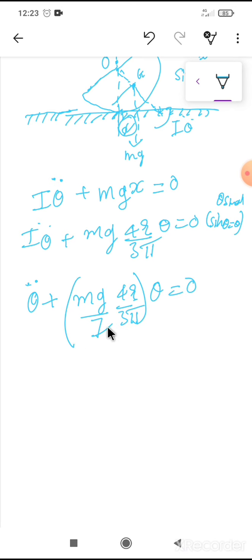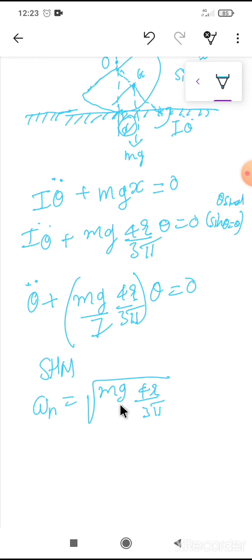Now if we compare this equation with our simple harmonic motion equation, we will get the natural frequency omega n is equal to under root of mg into 4r by 3 pi upon I. Now here the most important thing is the moment of inertia I. What is this I?